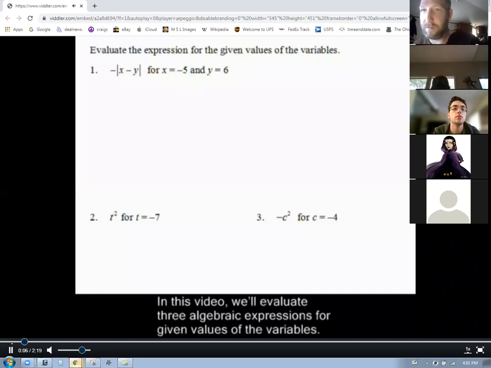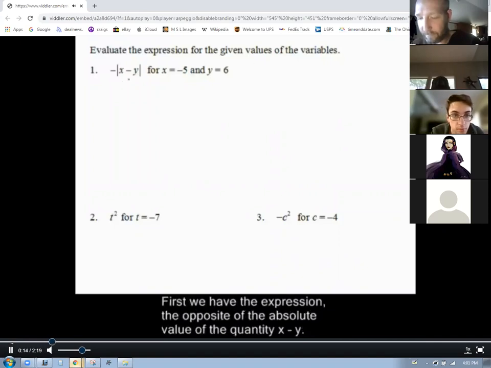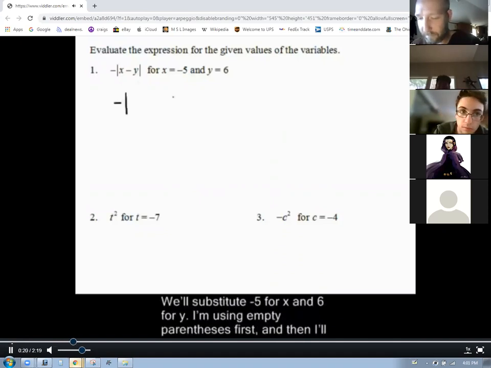In this video, we'll evaluate 3 algebraic expressions for given values of the variables. First, we have the expression, the opposite of the absolute value of the quantity x minus y. We'll substitute -5 for x and 6 for y. I'm using empty parentheses first, and then I'll substitute the numerical values.